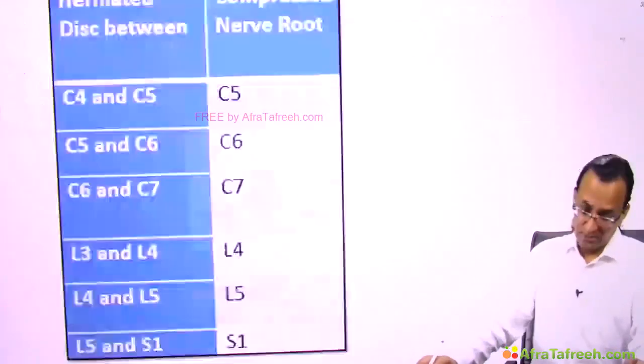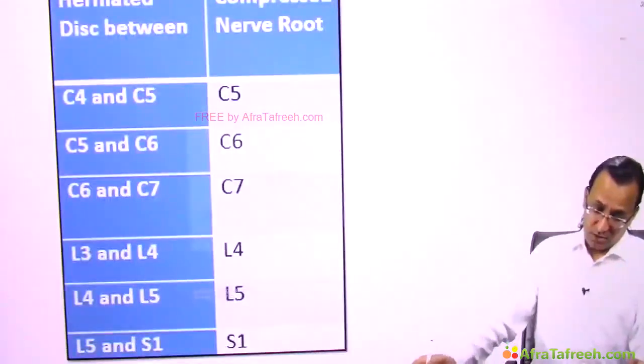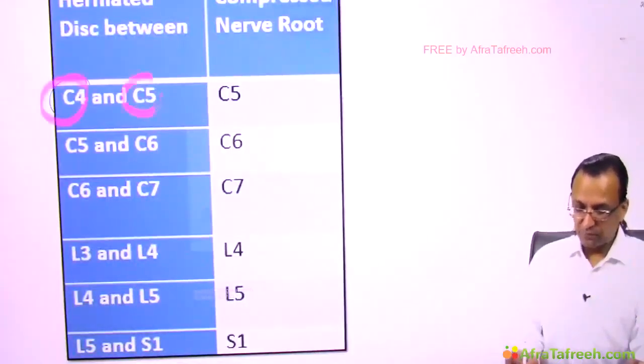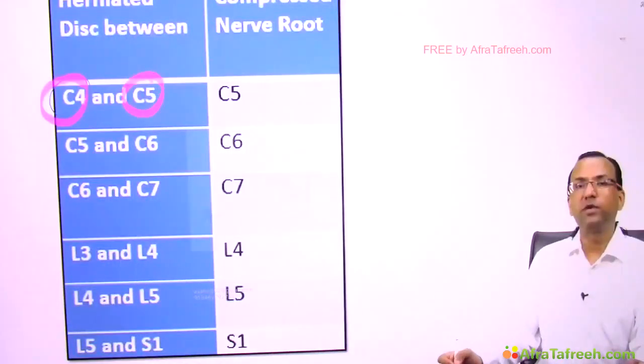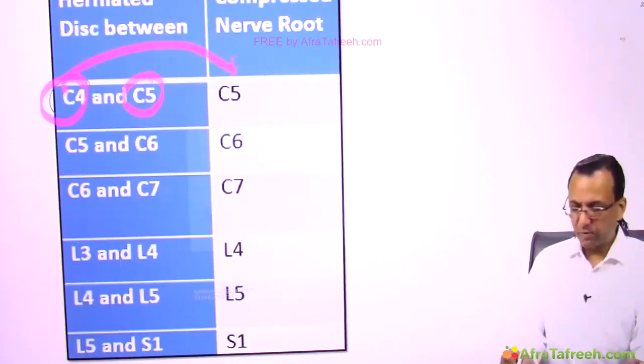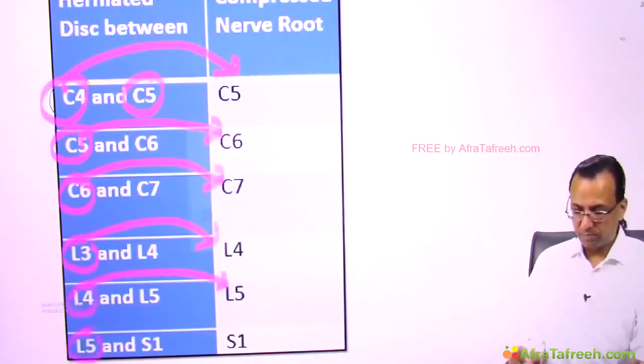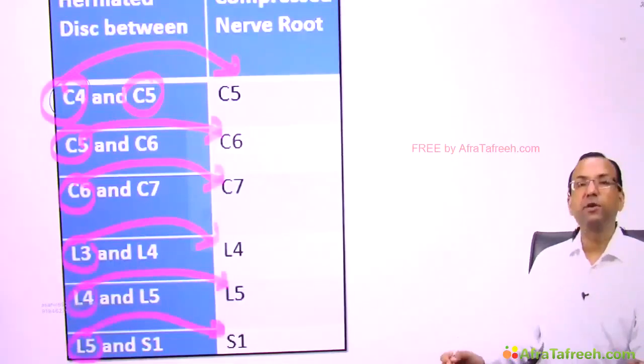Can I use this trick at other levels now? Yes, let's do that. This is a C4, C5 slip disc. Tell me which nerve will be involved. C4 is the upper vertebra, plus 1, C5? Yes. But sir, L5 plus 1 is L6.